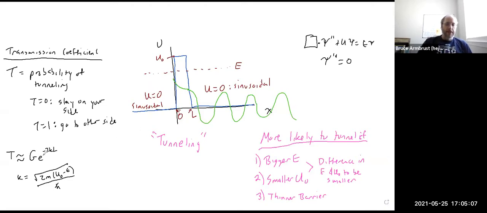But let me come back here so you know what G looks like. G is this really funky thing. It's not the gravitational constant. But it looks like this. So that's just a multiplier that we put onto this exponential piece.